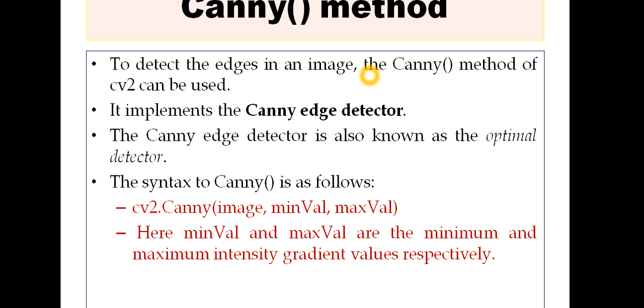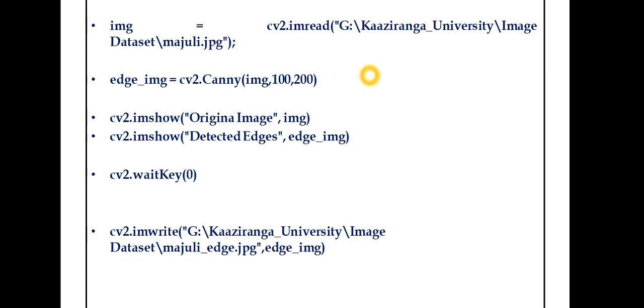The overall code for this experiment is this one. You can take a screenshot, which will help you to do this. First you need to import cv2. I know you are very familiar with that import cv2 statement.